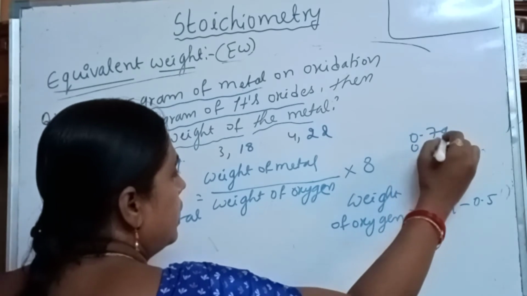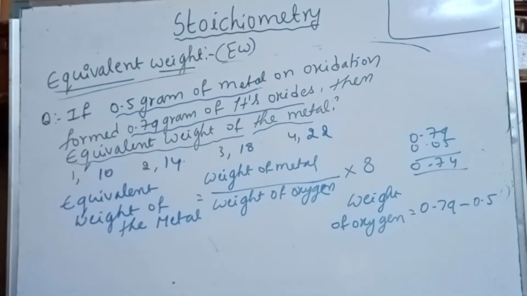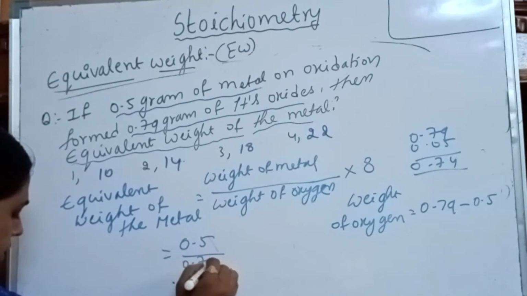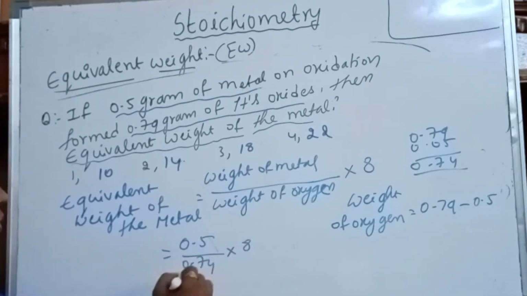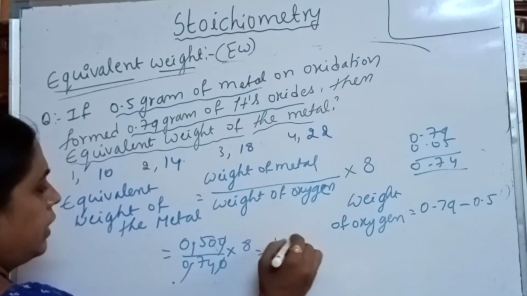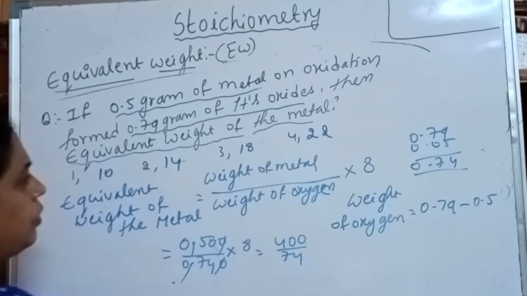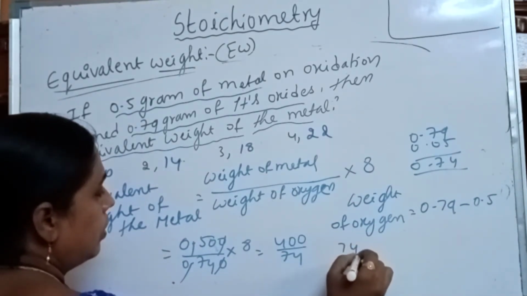So 0.79 minus 0.05 gives 0.74. So weight of metal 0.5 by 0.74, into 8. The zeros cancel, so 400 by 74.